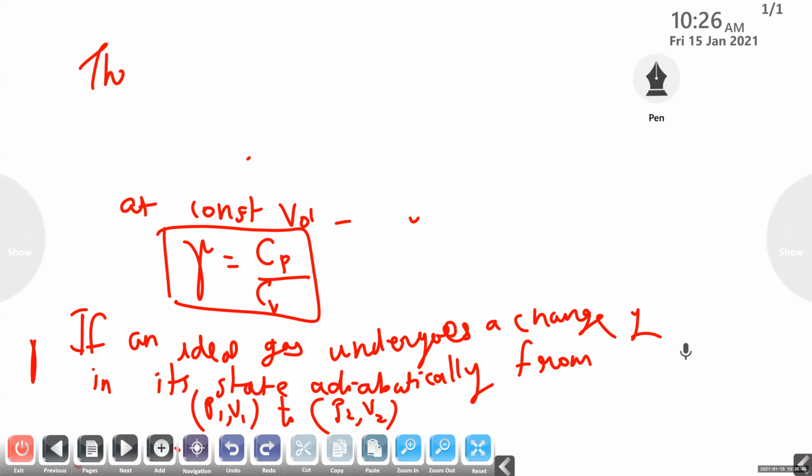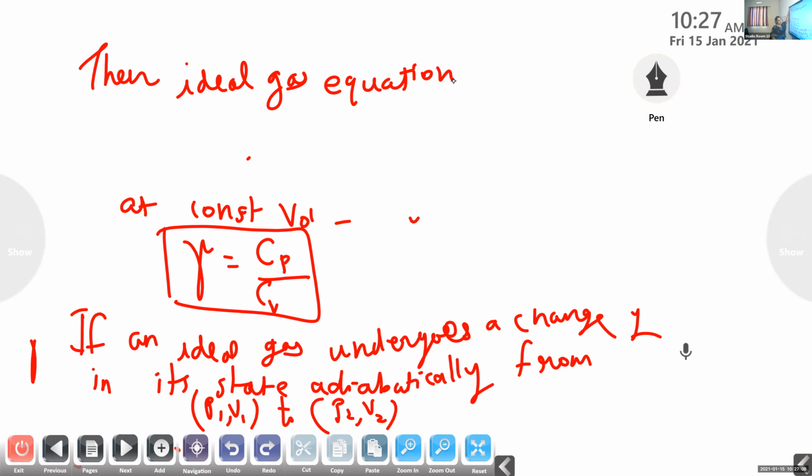Then, after it undergoes a change in its state adiabatically, below that, the ideal gas equation: P1 V1^gamma is equal to P2 V2^gamma.